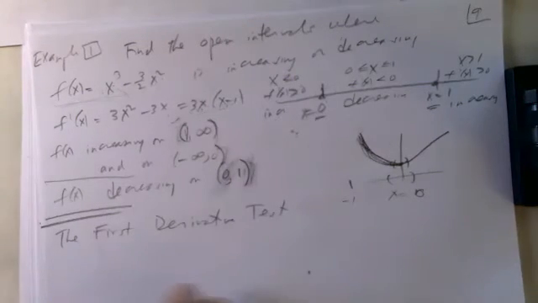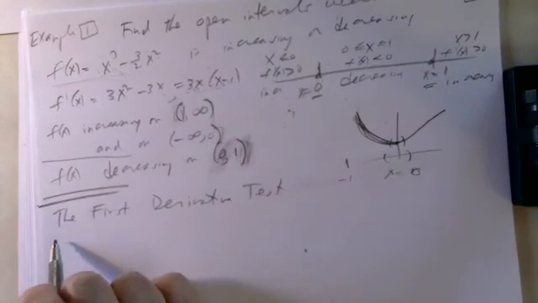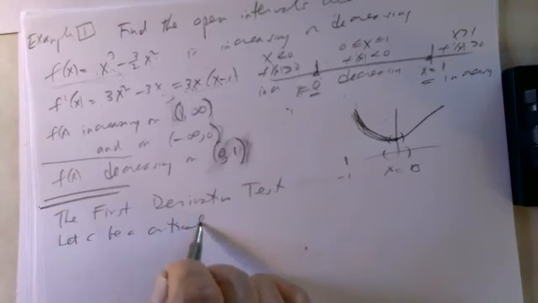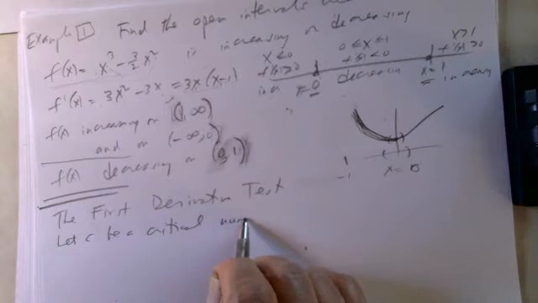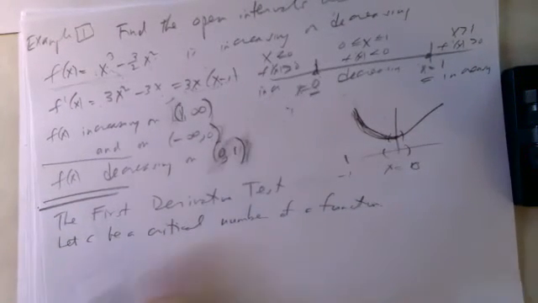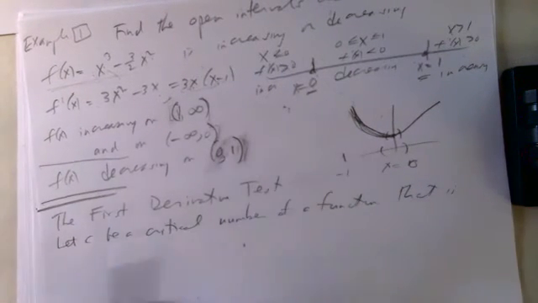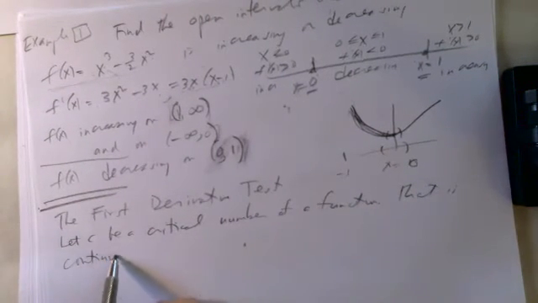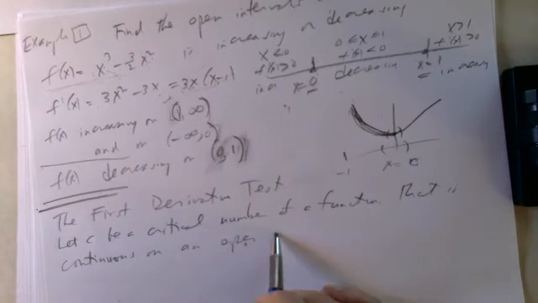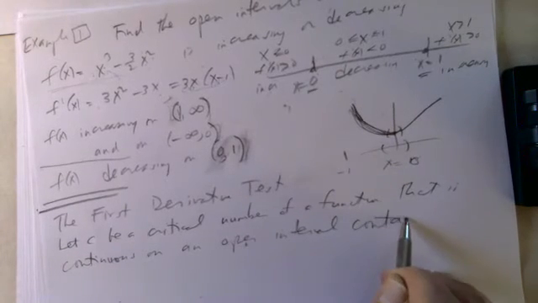Okay, so here's what the first derivative test says. Let c be a critical number of a function that is continuous on an open interval containing c.